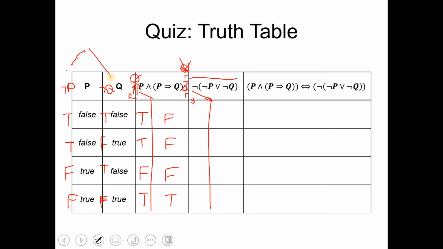So I will take the OR of these two. When I take the OR, if any one is true, the output will be true: true, true, true, and the last one is false, so it will be false. So this is not P or not Q, and when I take the inverse, the NOT of it, it becomes false, false, false, true.